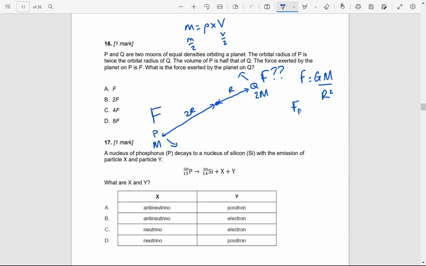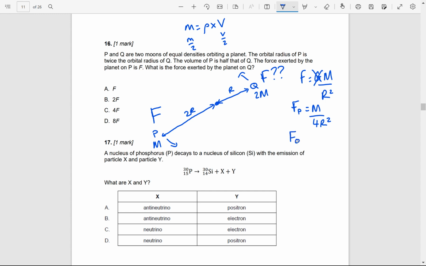So F on P equals, I'm going to get rid of G because it's a constant, don't need any constants muddying the water here, equals my mass divided by my 2r squared, which is 4r squared.